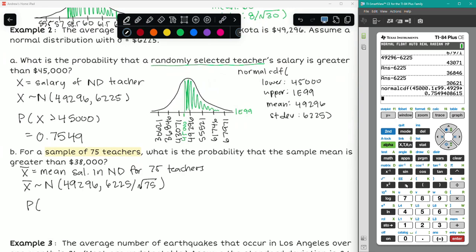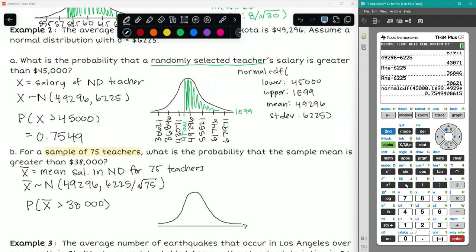And then I'm asked, what is the probability that that sample mean is greater than 38,000? So for my picture, I'm going to do what I did last time. I'm going to calculate that standard deviation to a decimal that's easy to count by, and I'm going to build my curve, or at least try to if I can draw today, which is questionable.